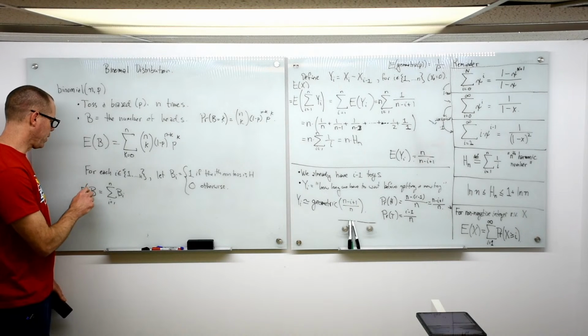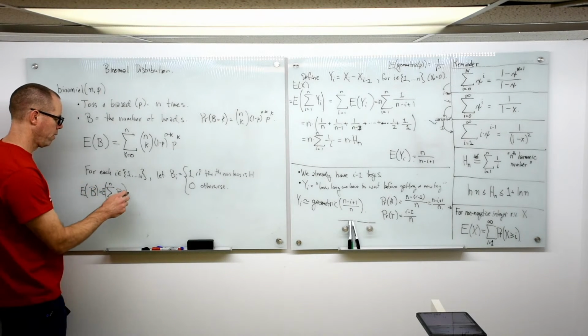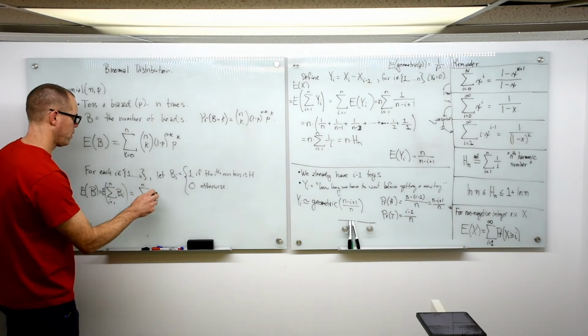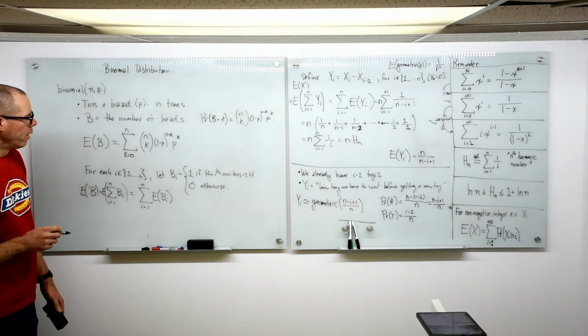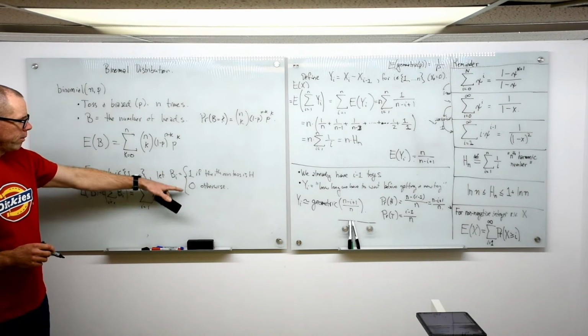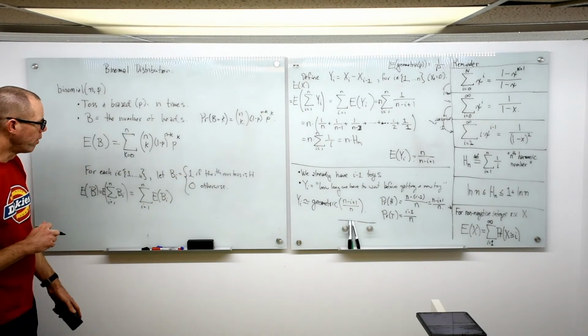And therefore the expected value of B is the expected value of that sum, which is, as usual, the sum of the expected values. But b_i is just an indicator random variable. It has values only 1 and 0.